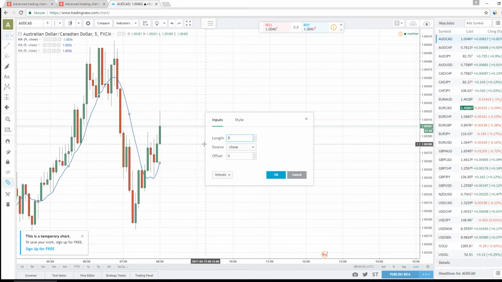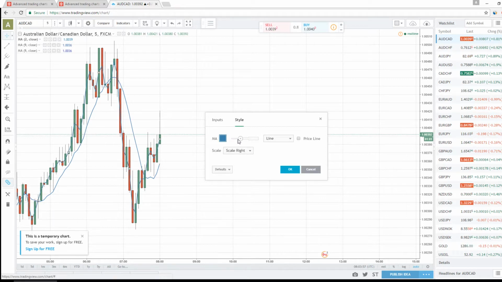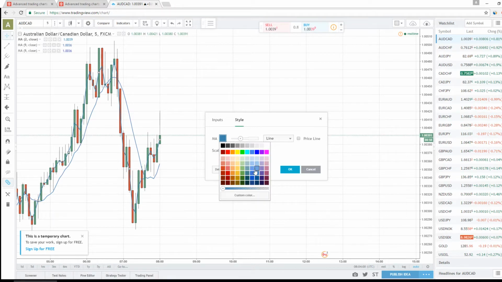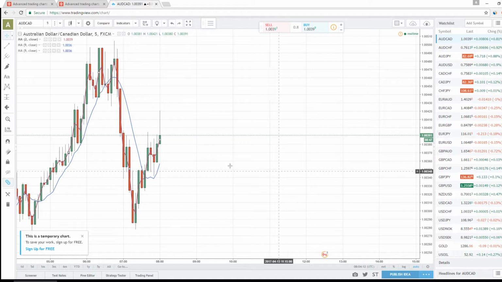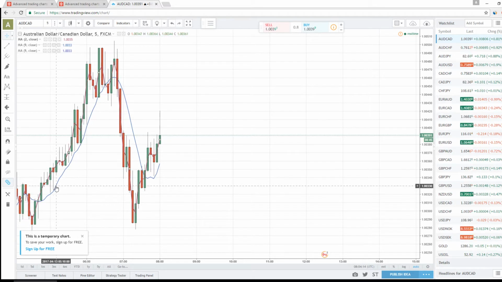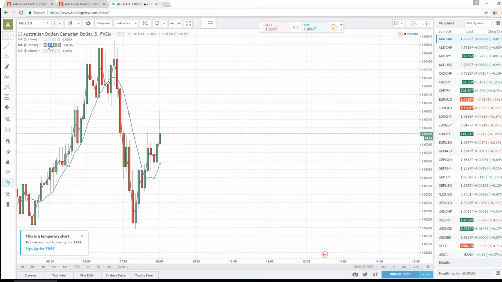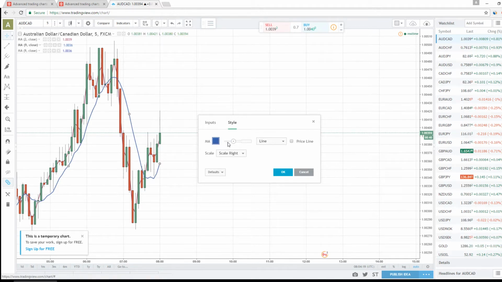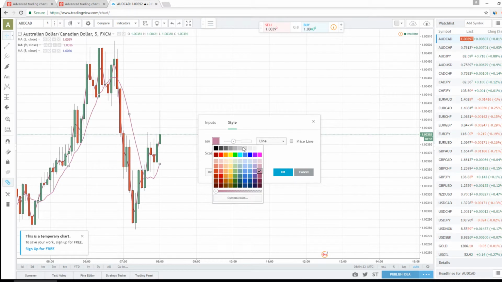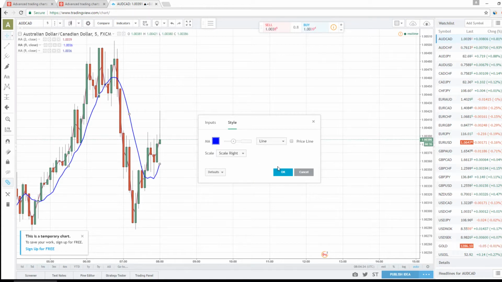Let's use different time frames for them and make them in different colors. Not red. Let's say these purple. These are going to be blue.